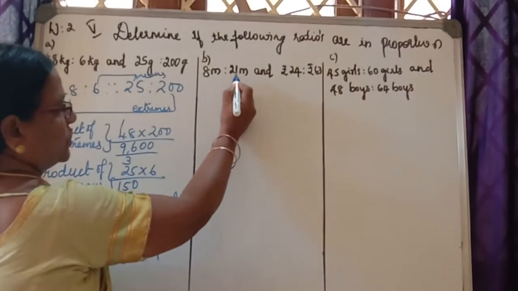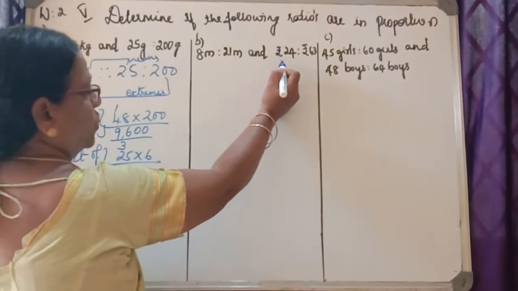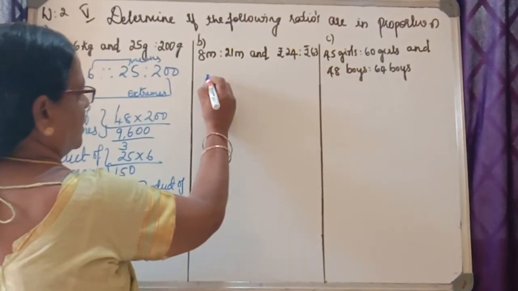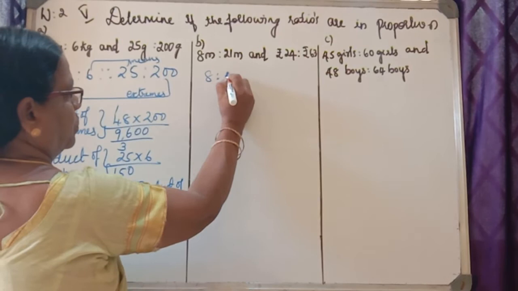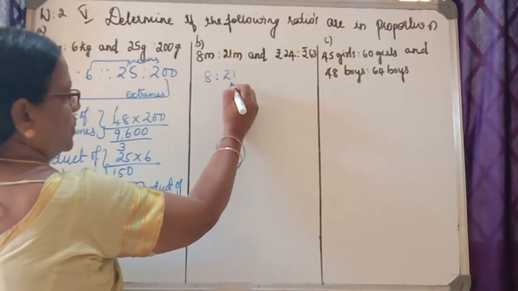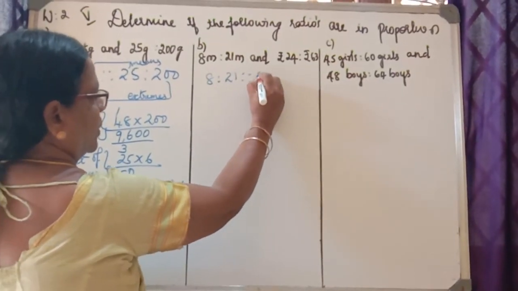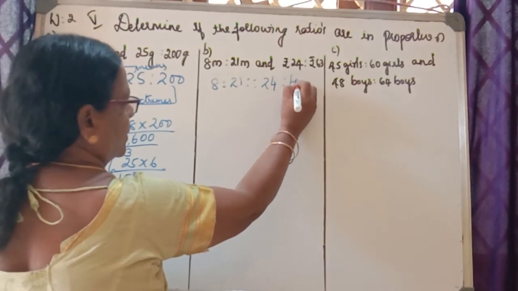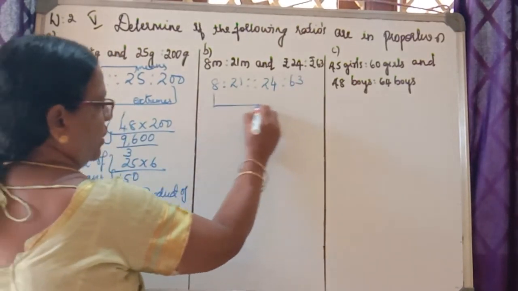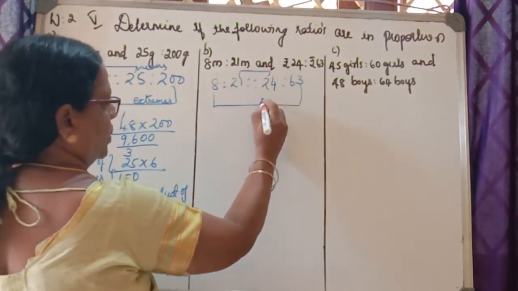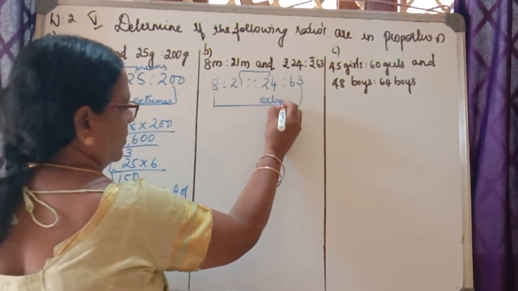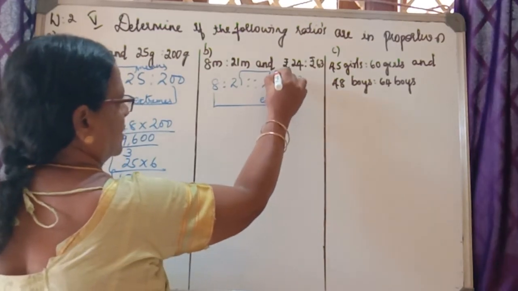8 meter is to 21 meter and rupees 24 is to rupees 63. We will bring it into proportion form. 8 is to 21 as 24 is to 63. The product of extreme should equal the product of means.